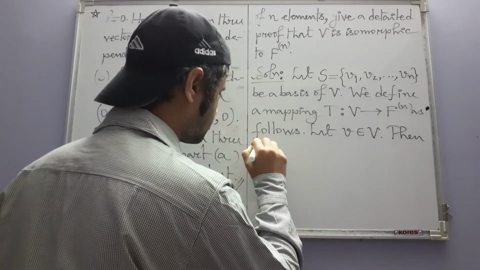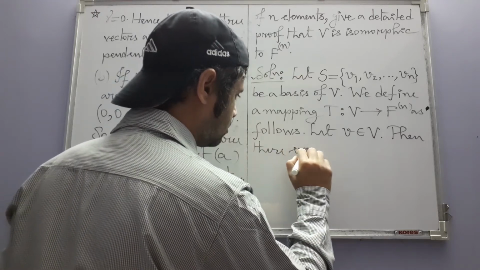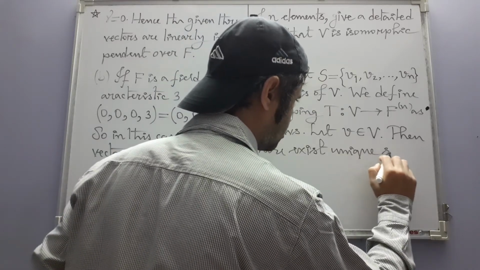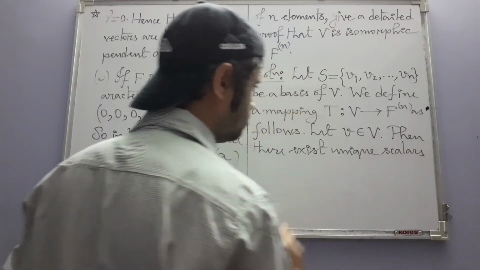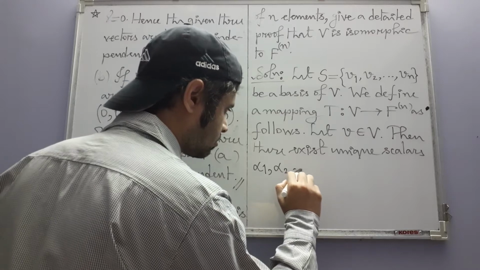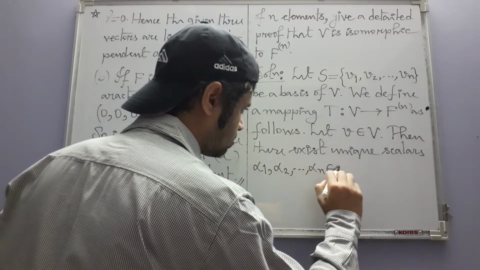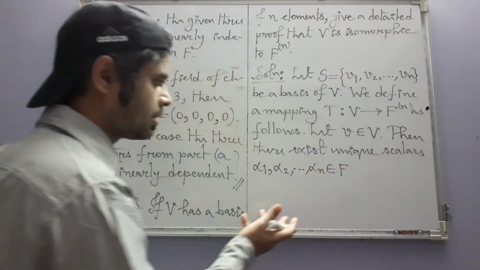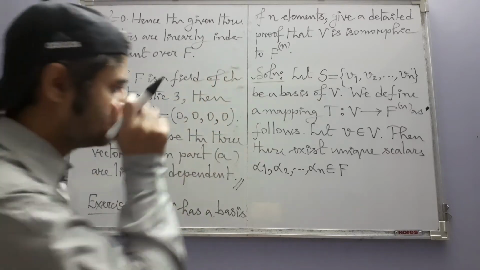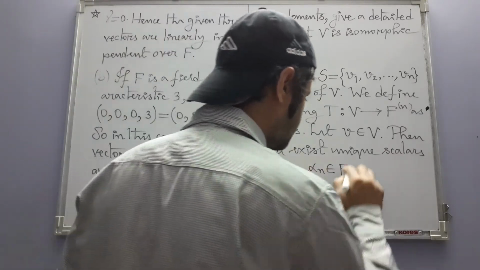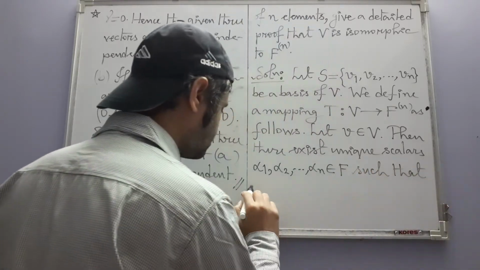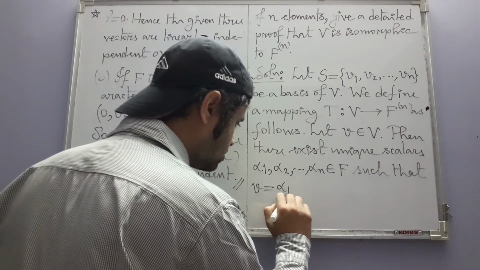Then there exist unique scalars belonging to F, the underlying field, such that v is this linear combination.